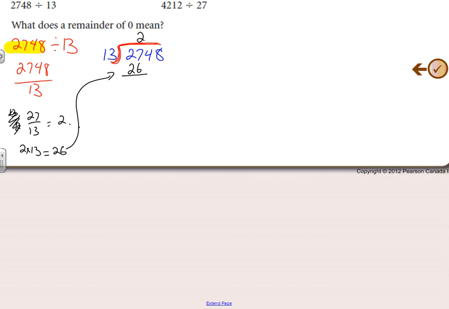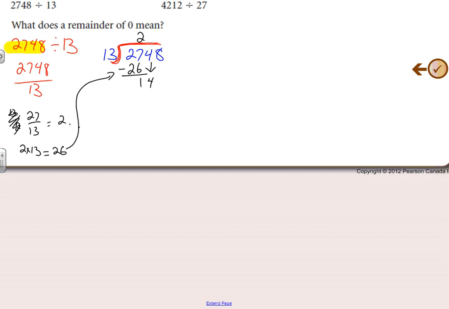The next thing we do is subtract. 27 minus 26 leaves us with 1. Now we bring down the next number, which was a 4. And now you ask yourself, how many times does 13 go into 14?